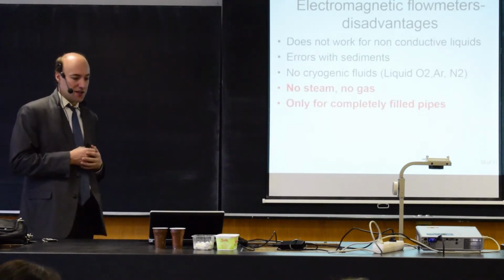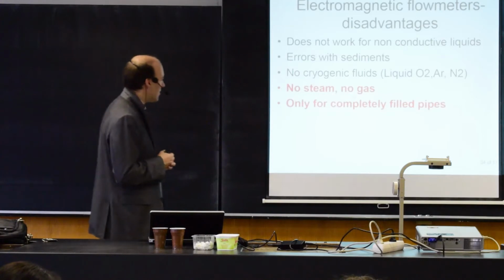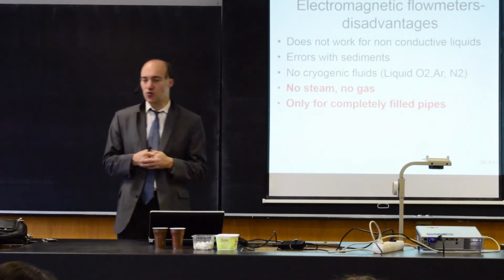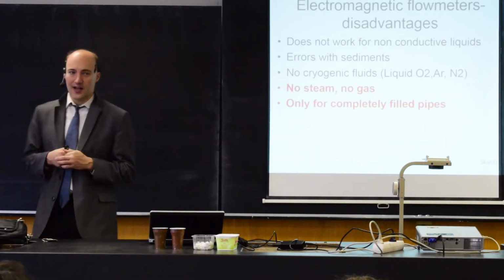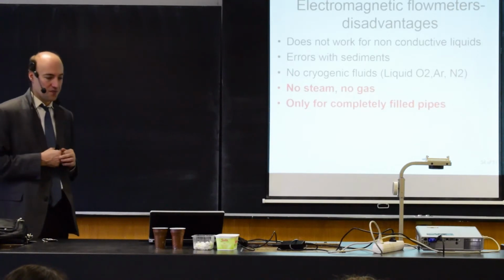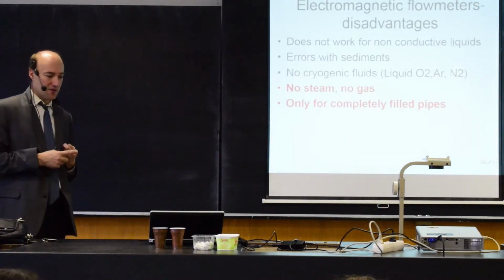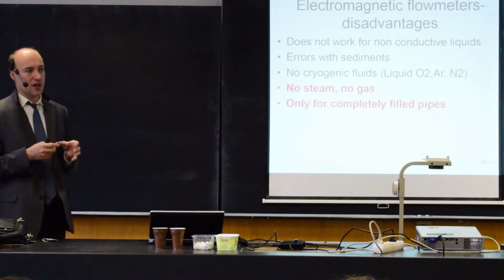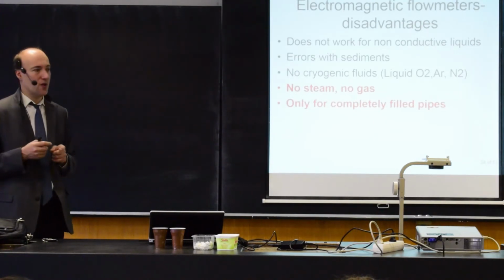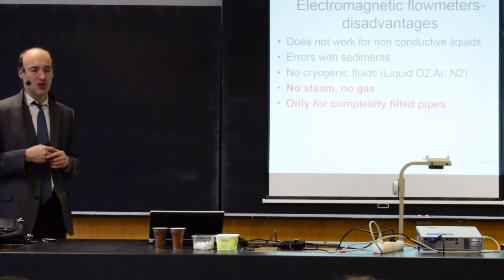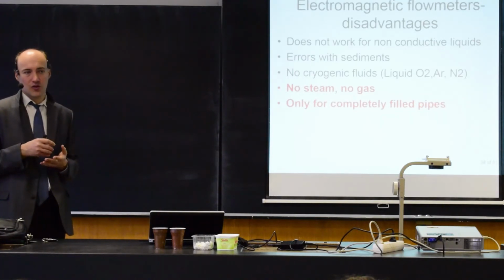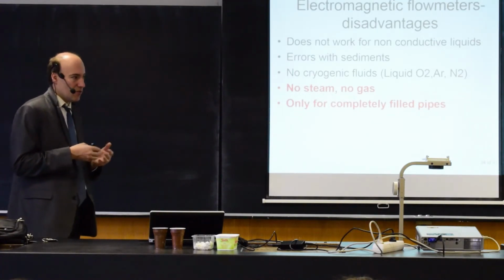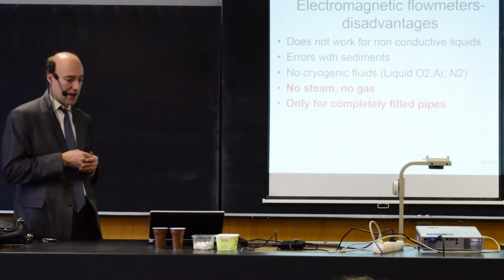What are the disadvantages? Well, the major disadvantage is that it's not working at all for non-conductive liquids. It can have problems with sediments since we are still measuring the speed of the liquid times cross-section. So if we have sediments, we have a smaller cross-section and we do not calculate the flow correctly.